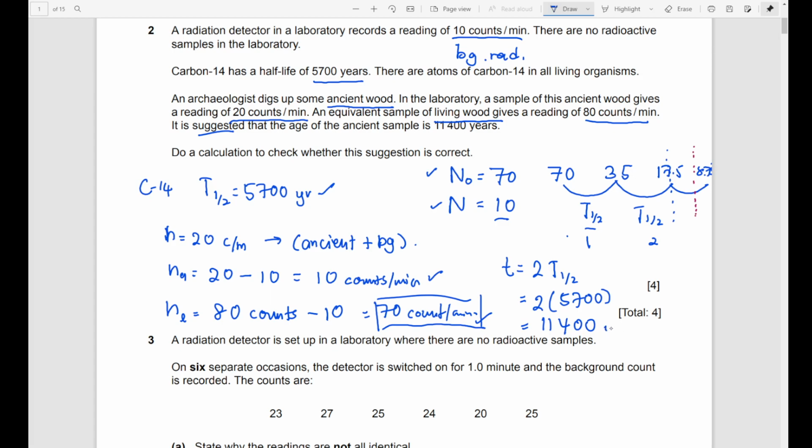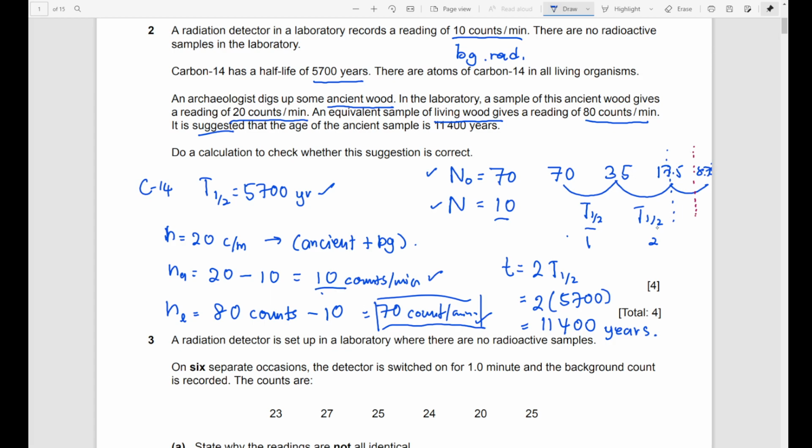Yes, don't forget the unit, years. Of course it is more than 11400, because if it were 11400 years, that means the reading should be equal to 17.5. But the reading that we get is 10.